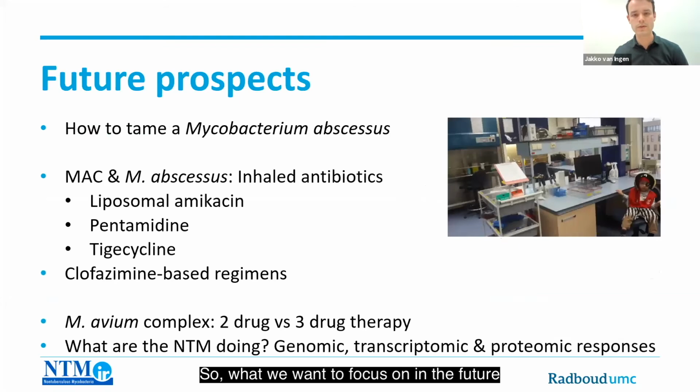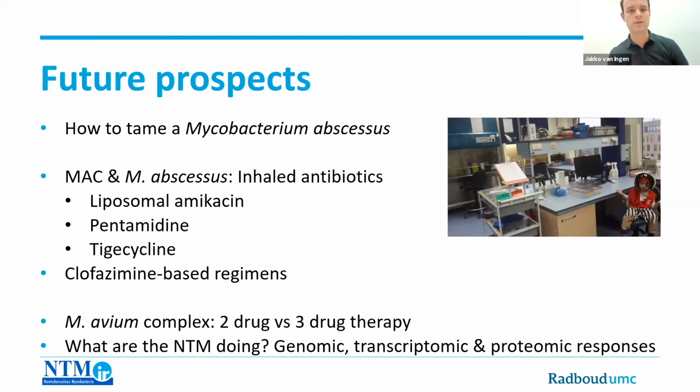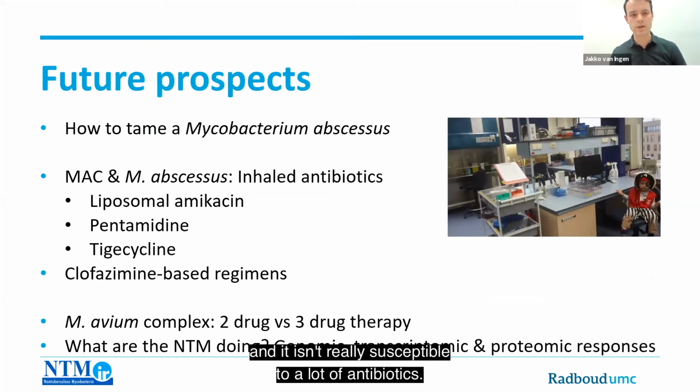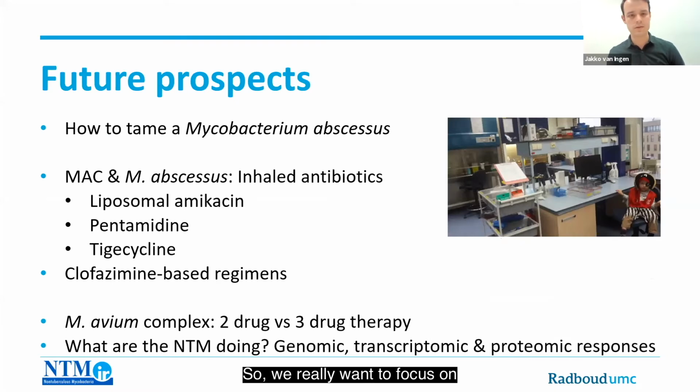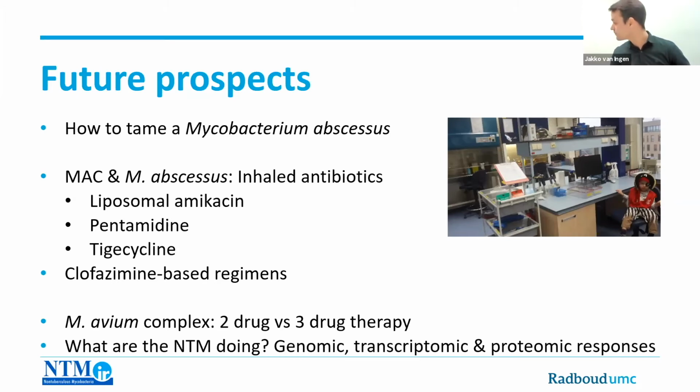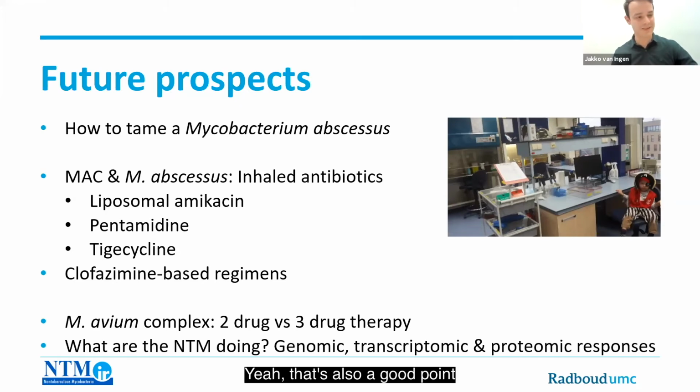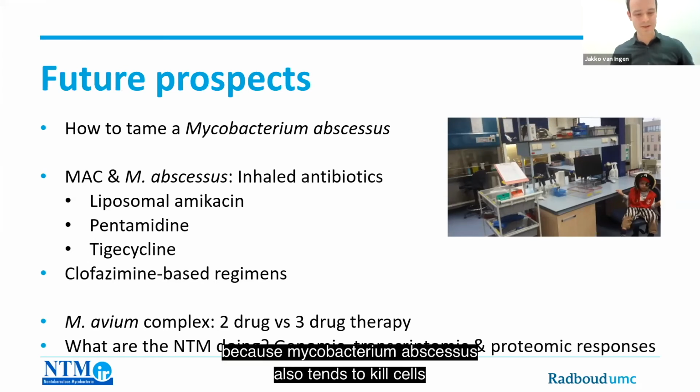So what we want to focus on in the future is how to tame Mycobacterium abscessus, because Mycobacterium abscessus is quite a resistant mycobacterium, and it isn't really susceptible to a lot of antibiotics. So we really want to focus on how we can treat this mycobacterium effectively.